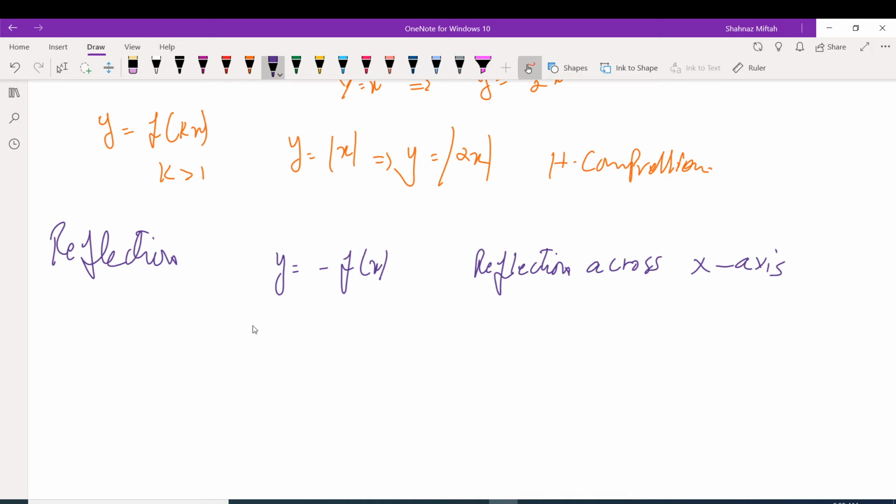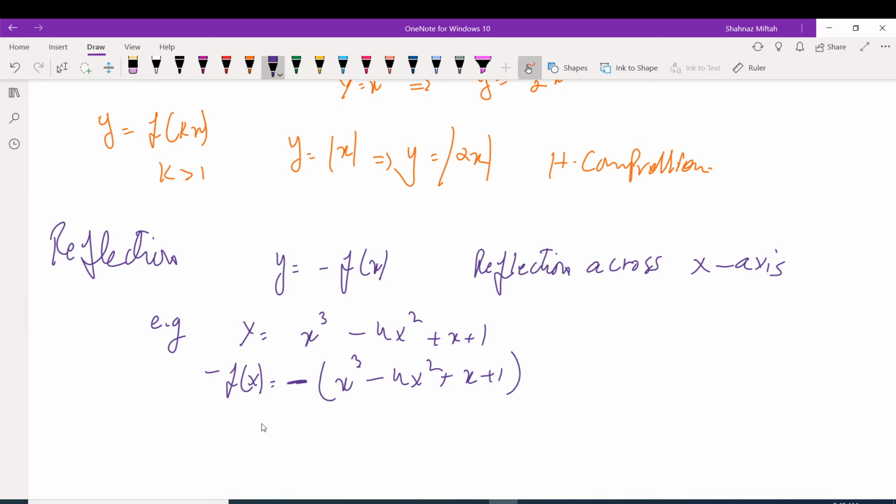I'm going to give you an example for this. For example, I have y equal x cube minus 4x squared plus x plus 1. And I'm plugging in for y negative f of x, which means this whole function is going to be negative. Like I'm multiplying negative with the whole function: x cube minus 4x squared plus x plus 1. This is going to change.